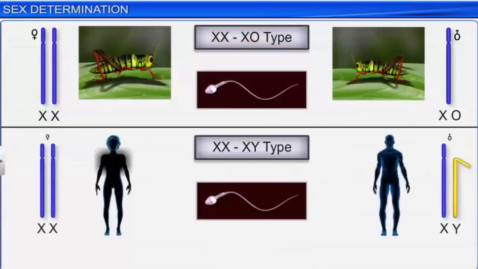Therefore, we have seen that in both the XX-XY and the XX-XO mechanism of sex determination, it is the genetic makeup of the sperm that determines the sex of the offspring.